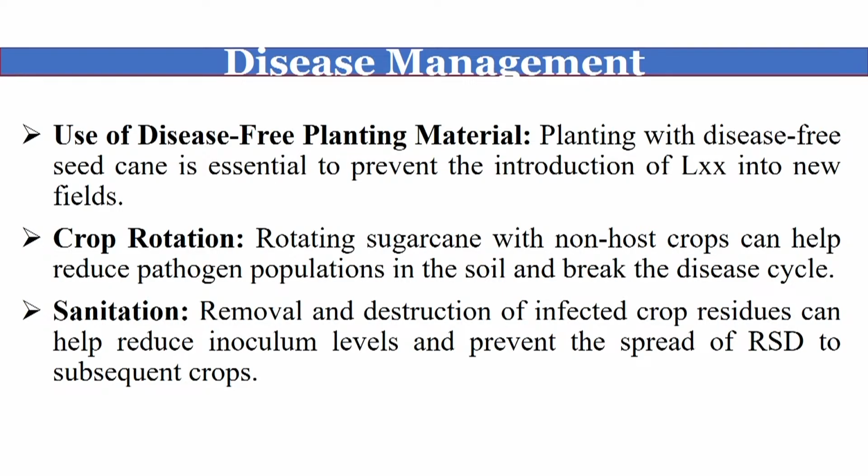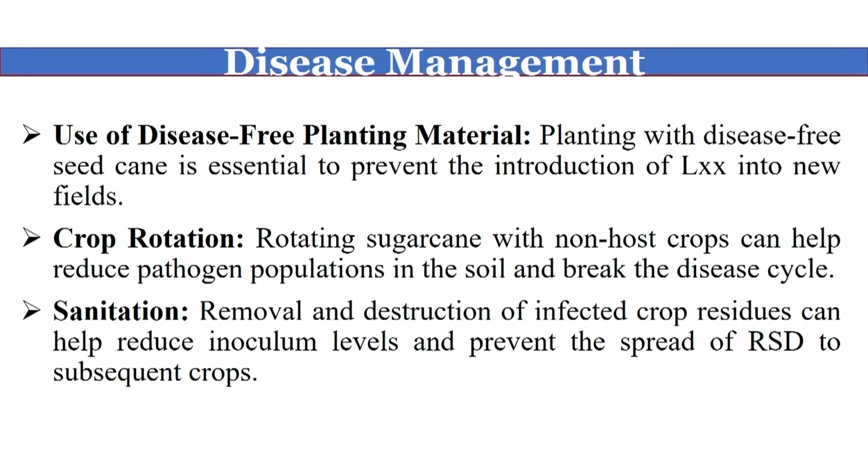Crop rotation with non-host plants is another practice. You can use non-host crop plants, and it helps to reduce the pathogen population in the soil and breaks the disease cycle.